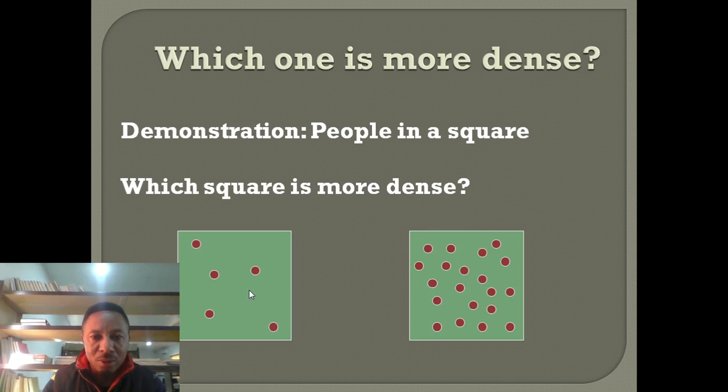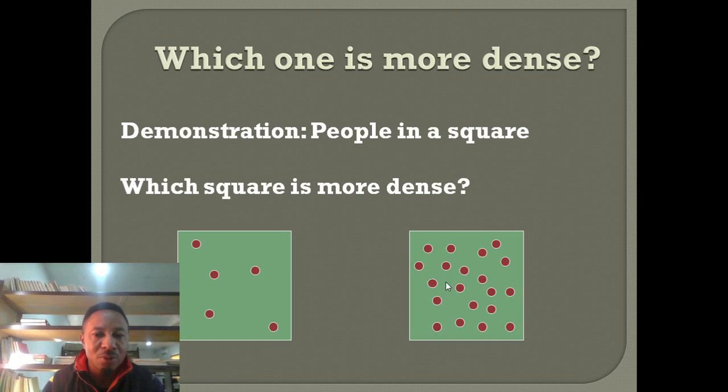In each of these squares, which one can we consider to have more students? I believe this, isn't it? So which one would we consider to be much more dense? That the population of the students is higher. That's this, isn't it?